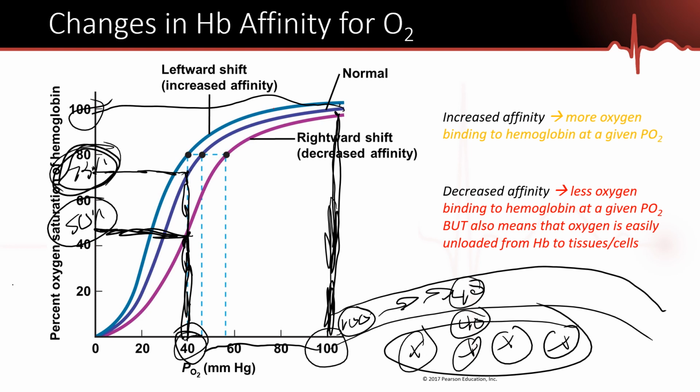I can say this a million different ways. When you're hot and acidic, hemoglobin will unload more oxygen at a given partial pressure of oxygen within the blood plasma compared to what it normally does. Normally, at a given partial pressure, hemoglobin would unload 25% of its oxygen, but when you're hot and acidic, at a partial pressure of 40 within the blood plasma, hemoglobin will unload 50% of its oxygen.